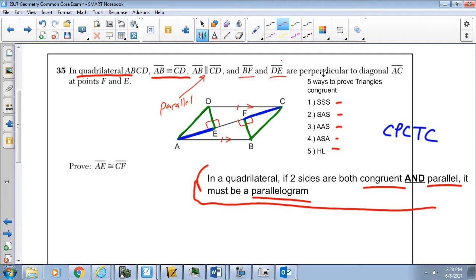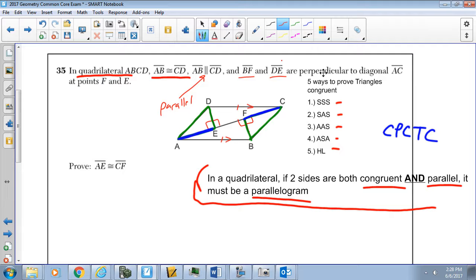So the fact that what they told us about this shape is that it's a quadrilateral, which means we cannot use any of our properties of a parallelogram. Remember all the properties of a parallelogram we've talked about? You've written down, if you've been going over this test all along, the opposite sides congruent, the opposite angles congruent, the opposite sides being parallel.